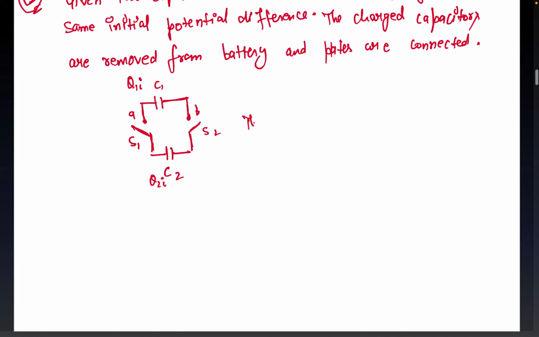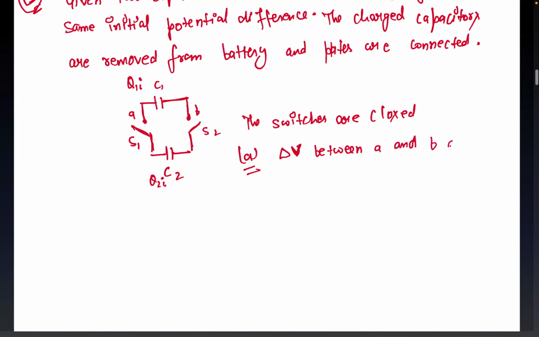Then after the switches are closed, whatever the S1 switches are there, they are closed. Then what will happen? First thing you have to figure out is the potential difference between A and B after closing the switch.